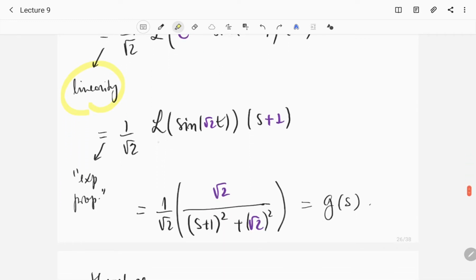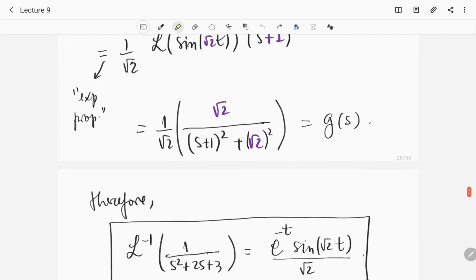And then we know the Laplace transform of this function, which is this constant over s plus 1 squared plus the constant squared, which is equal to 2. And this is exactly our function g.